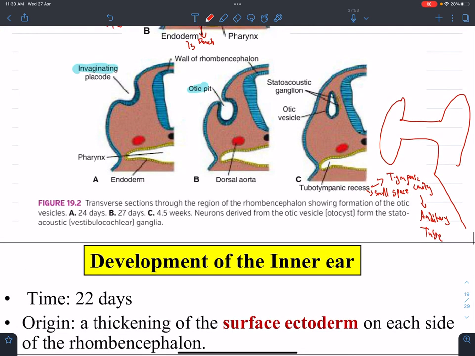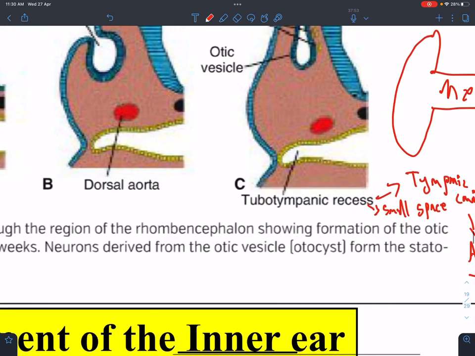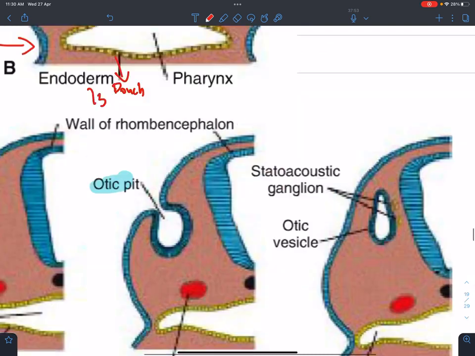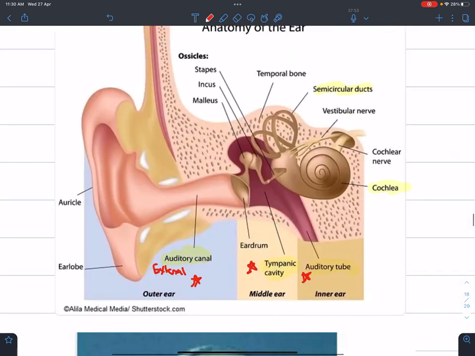So what about this meatus? This meatus is your external auditory meatus or external acoustic meatus. Developed from where? From the first pharyngeal cleft, which is why they're interconnected, all right? The development of the middle ear and the inner ear are both connected. They're going to join together to form the lovely ear as we know.